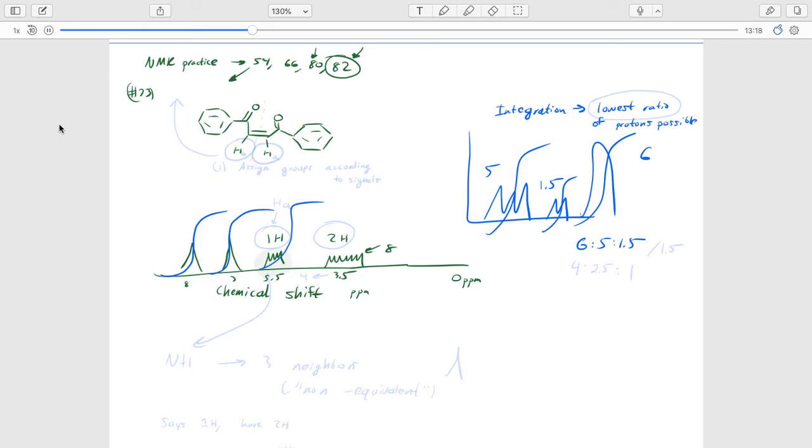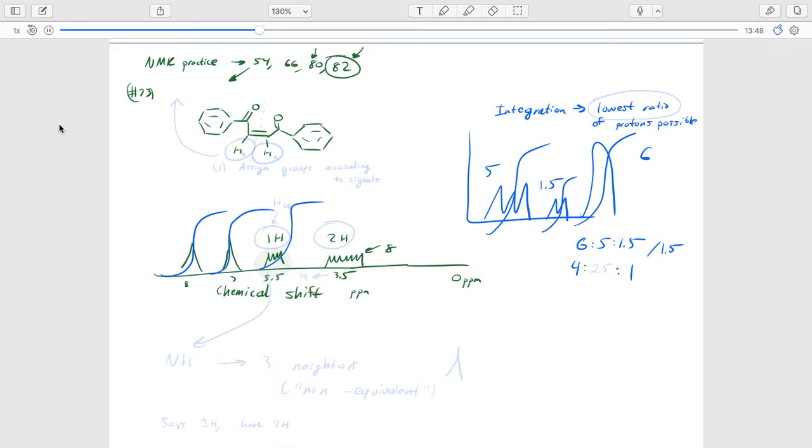Oh, whoops, I meant to divide by 1.5. What's 5 divided by 1.5?